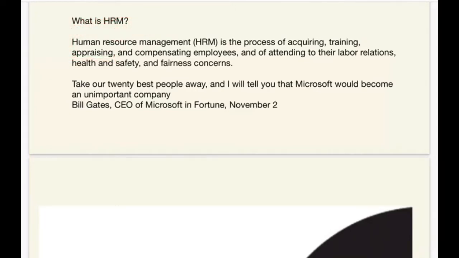Compensating is paying them well, and attending to their labor relations, as I told you, ER, employee relations, and health and safety, fairness concerns. Everyone should be treated fairly. Treat employees fairly, give them a good atmosphere to work, provide all safety benefits.